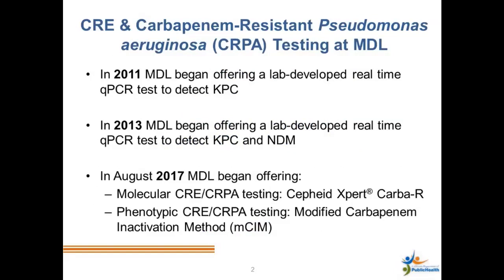In August 2017, MDL significantly increased their CRE testing capacity and began offering molecular CRE, CRPA testing using the Cepheid Xpert Carba-R, which detects 5 carbapenemase genes: KPC, NDM, VIM, IMP, and OXA-48. And MDL began offering phenotypic CRE, CRPA testing by the Modified Carbapenem Inactivation Method, or mCIM. This testing is distributed between the MDL Foodborne and Waterborne Diseases section and the Bacterial Diseases section.